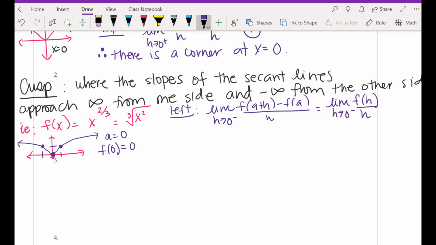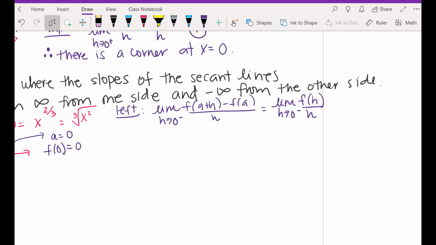What is f of h? H to the 2 divided by 3, divided by h. Okay. If you are dividing, the bases are the same. What do you do with the exponents?